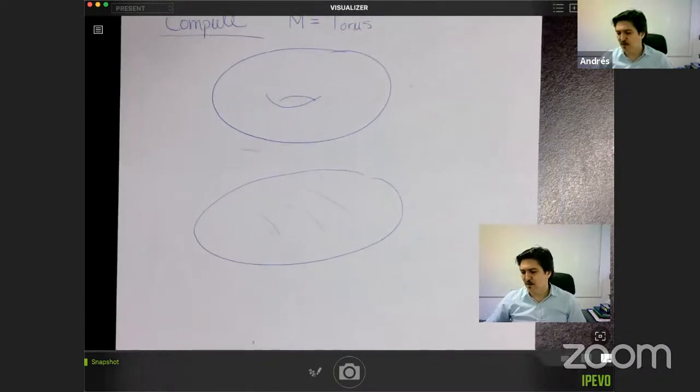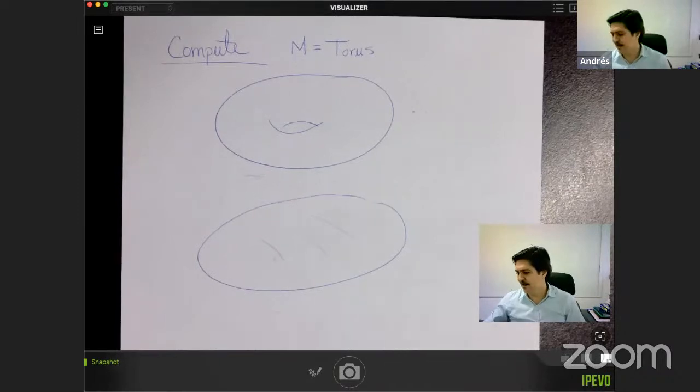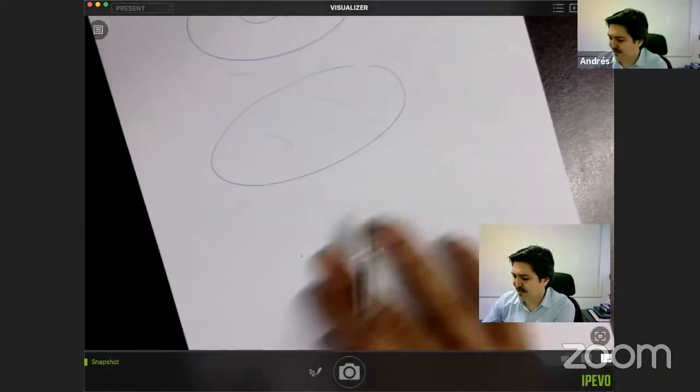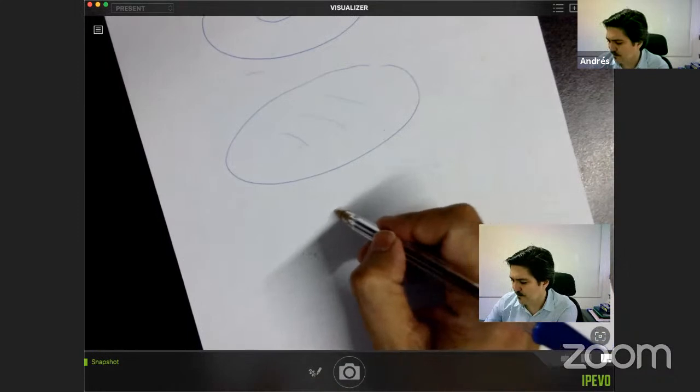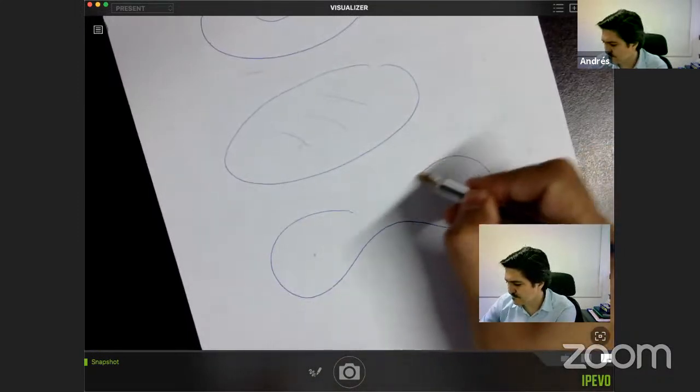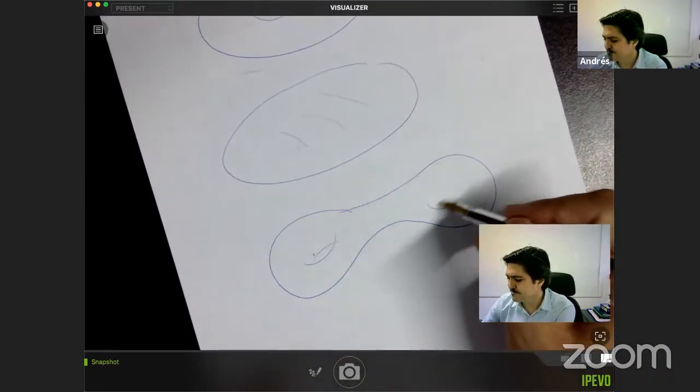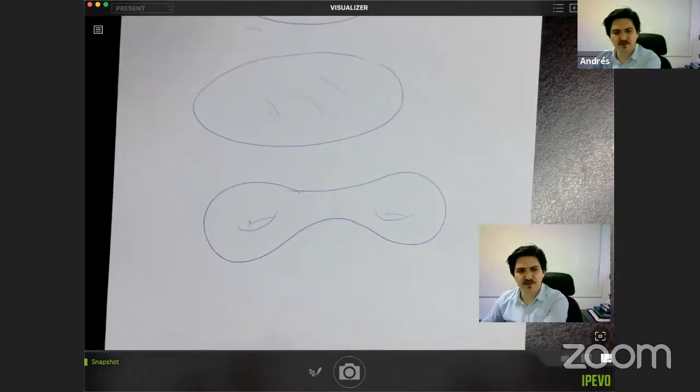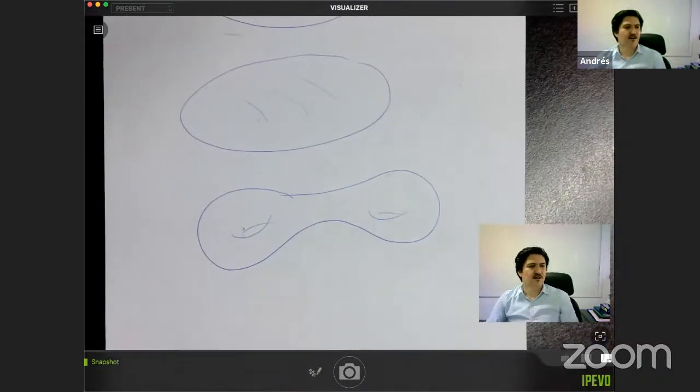Okay, so tomorrow we will work on that. And if we have time, I think we will, we will also compute the cohomology of the surface of genus 2.